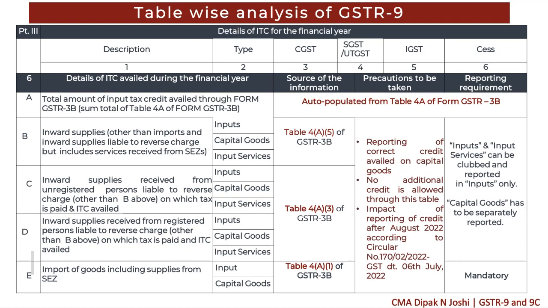Now, what precautions should we take while furnishing information in table 6 of GSTR 9? The first and very important aspect is regarding the reporting of credit under capital goods, because you just require to report information of capital goods and the remaining amount you can report under the heading of inputs.